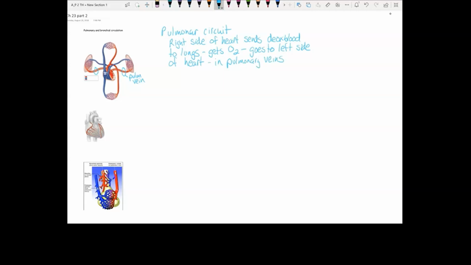Okay, then you also have the systemic circuit. It is the left side of the heart, sends oxygenated blood to the body. This is how you nourish your cells.